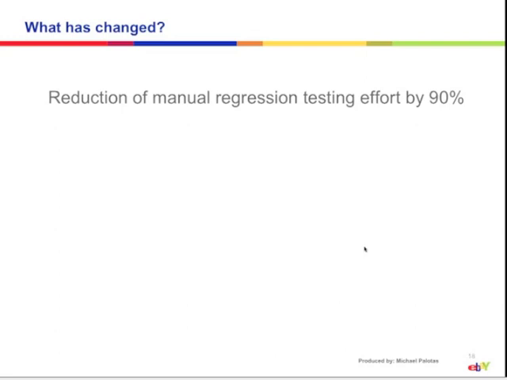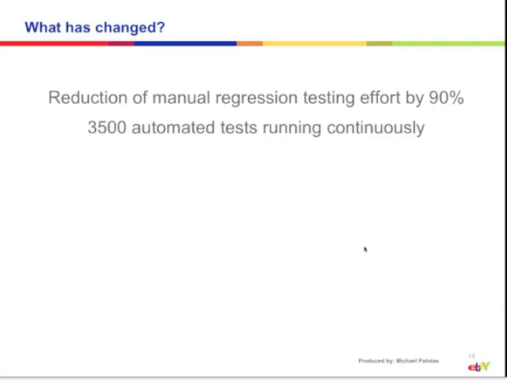Which means that we were able to reinvest that time. So this is not about saving resources or trying to lay people off. It's basically a redeployment of the time from manual regression testing into types of testing where you can actually yield a lot more issues, a lot more bugs.